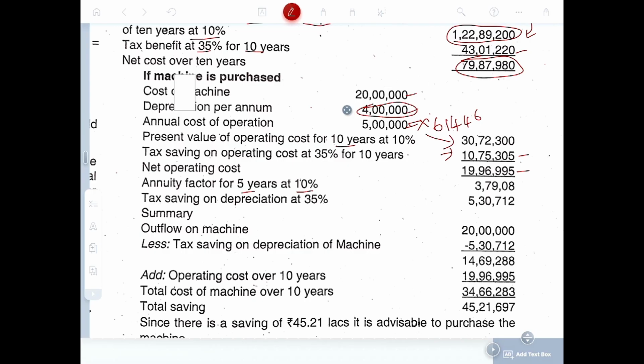So 100 by 1.1, 2, 3, 4, 5, 6.25, 6.2, 3.79, 0.8, 2.6, 0.2.